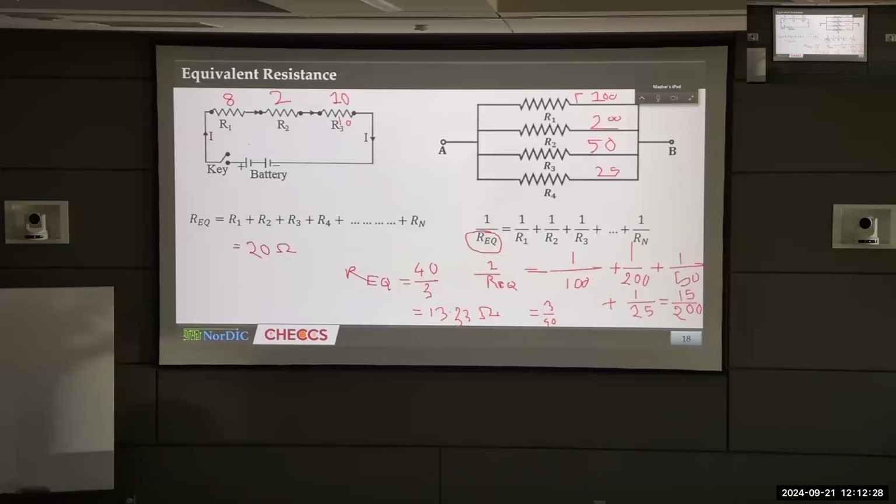I need to know the current in each resistor and the voltage of each resistor if the applied voltage is 5 volts. So I'm writing it down for you, 5 volts here. What you will need to do is calculate the current in each resistor and the voltage in each resistor for both cases.